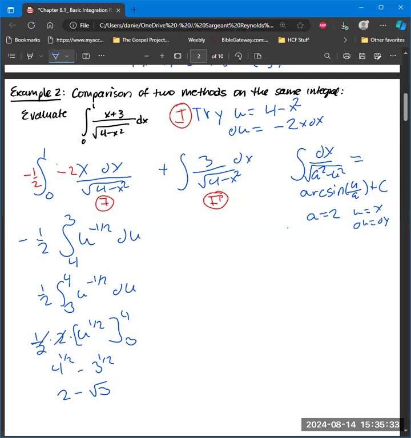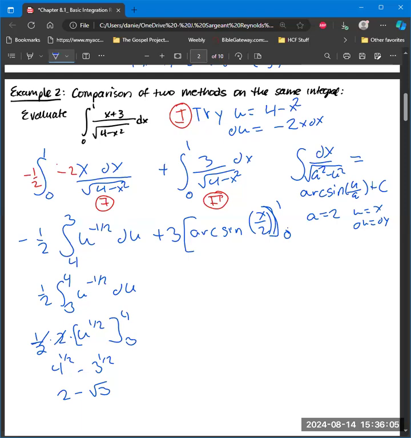So we just have a multiplier of 3 out front, and this is going to be arcsine of x over 2 evaluated from 0 to 1, like so.